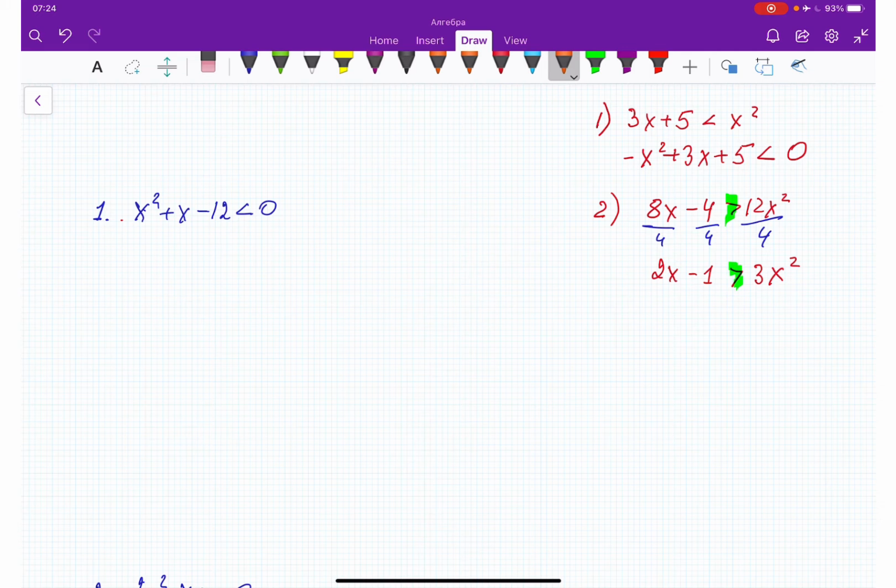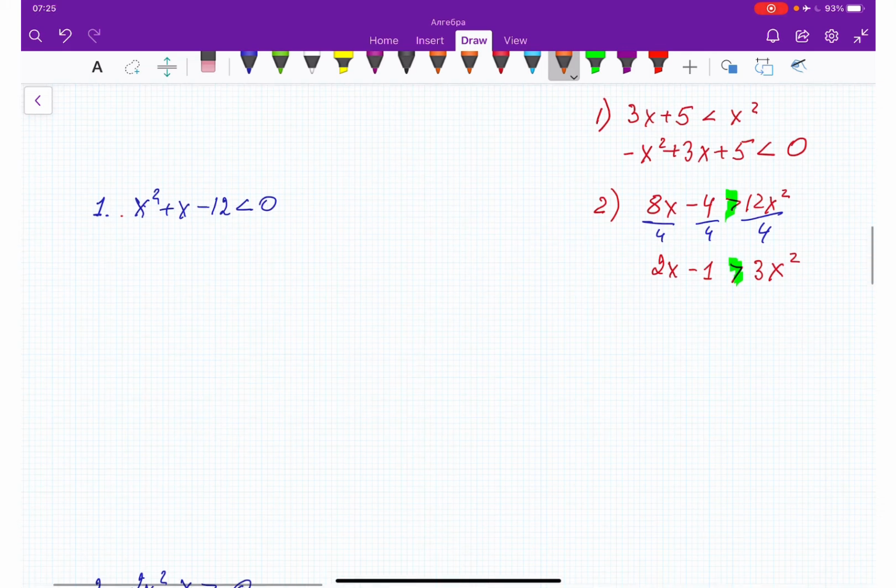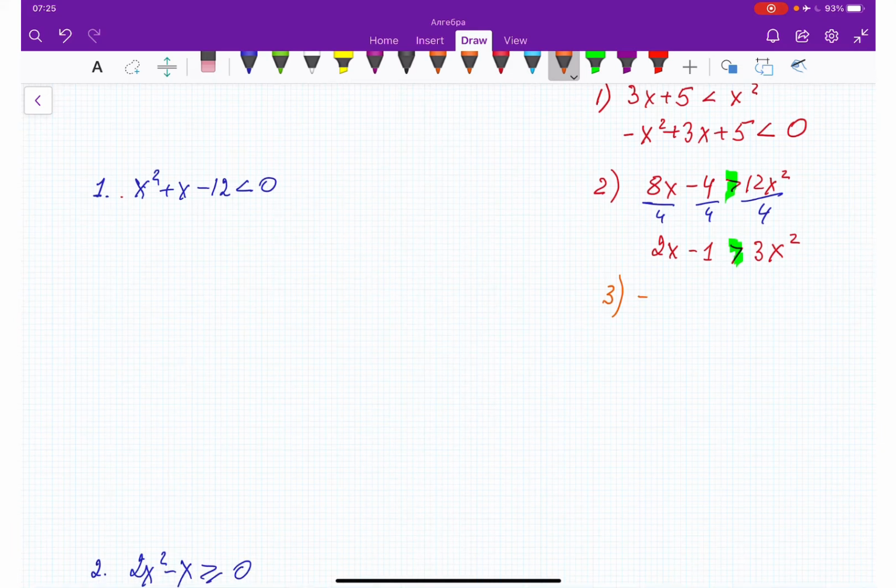A different story is when I multiply or divide both parts of an inequality by the same negative number. For example, I have negative 2x squared minus 3x plus 1 is less than or equal to 0. If I divide by negative 1, let's go with an easy number, it's going to flip the sign.